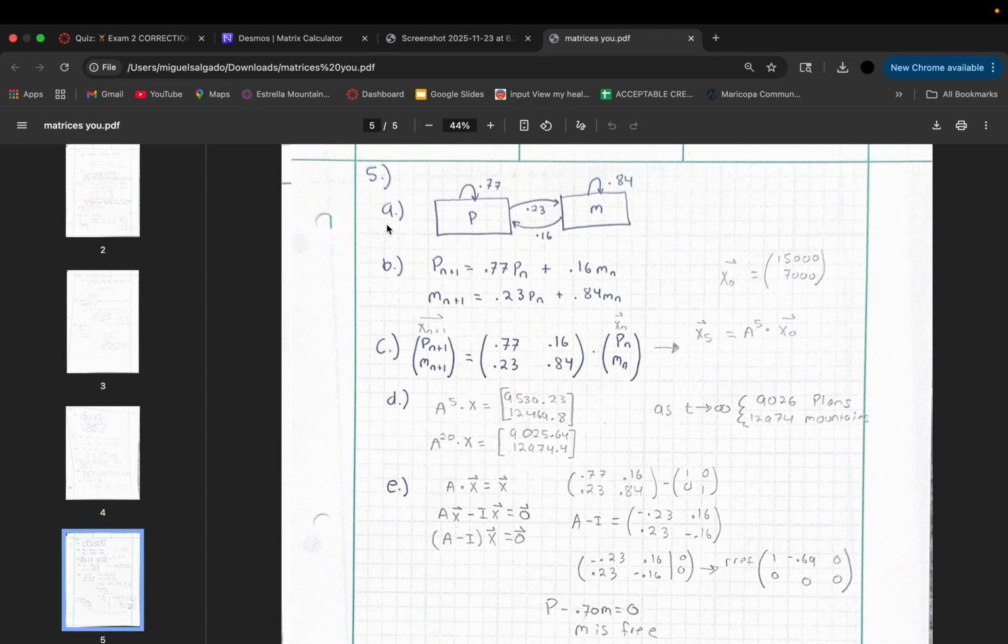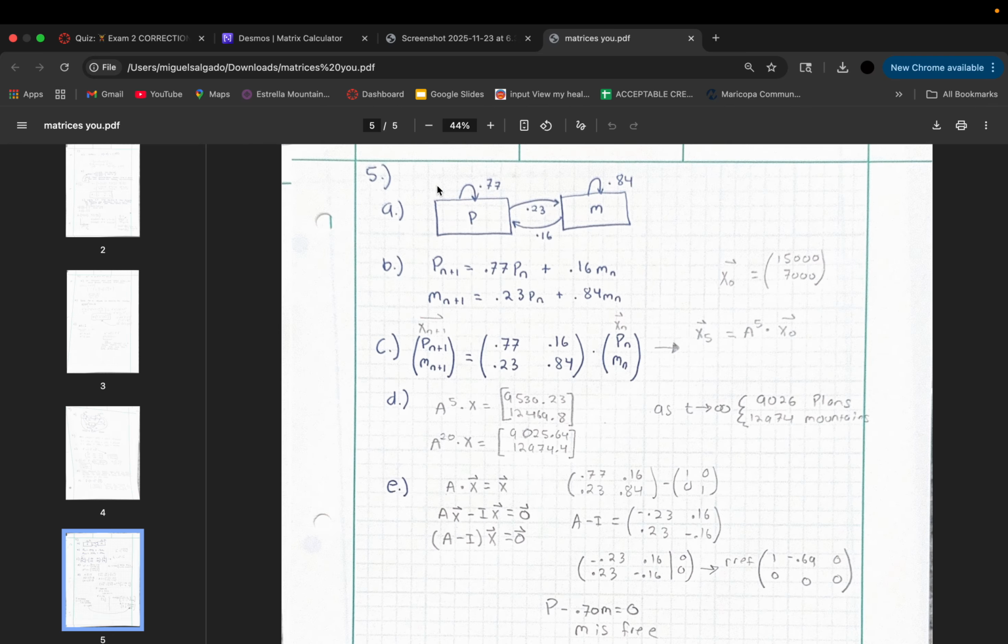In question 5A, the boxes represent the regions: P is for plains, M is for mountains, and those percentages we saw in the paragraph represent the probability of moving around. 23% of the people living in the plains will move over to the mountains, and 16% of those in the mountains will head on over to the plains. Also, those that are not moving will just stay put. So 77% will stay in the plains, and 84% will remain in the mountains.